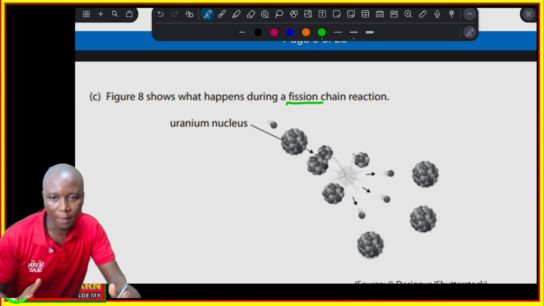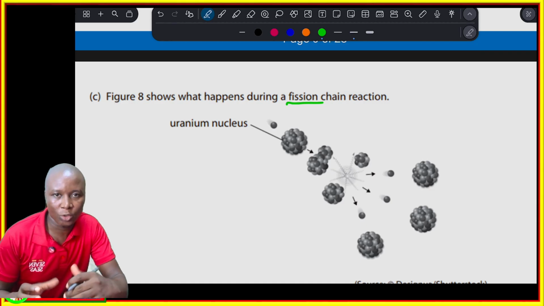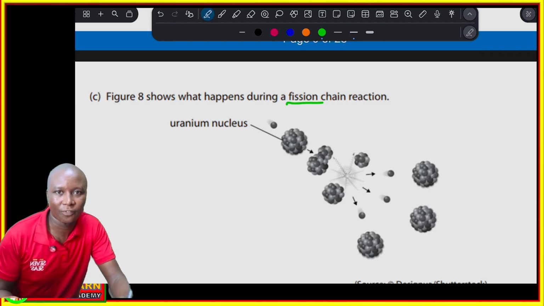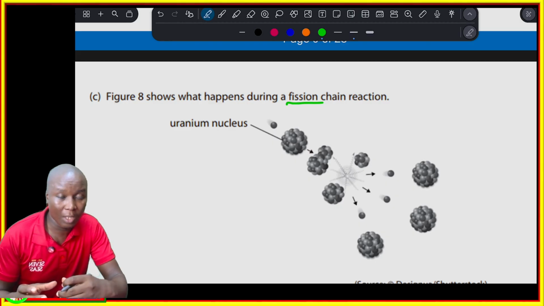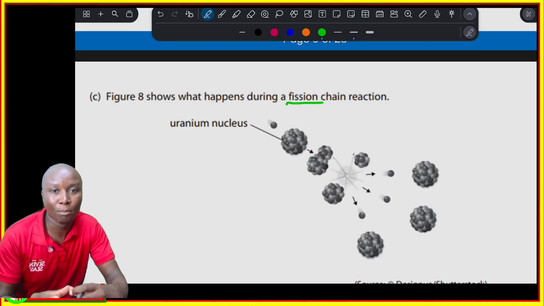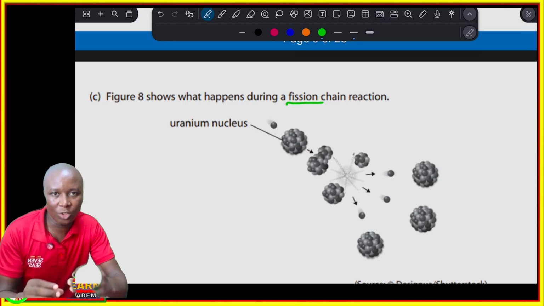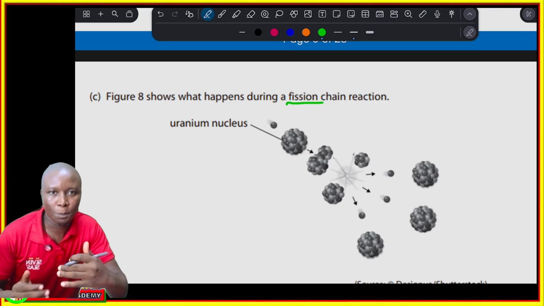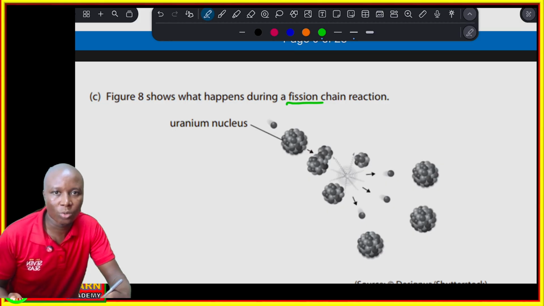Usually what happens is that when uranium-235, which is quite versatile, absorbs a neutron, it becomes more unstable. Then it's going to disintegrate. It splits into two daughter nuclei, which are lighter.